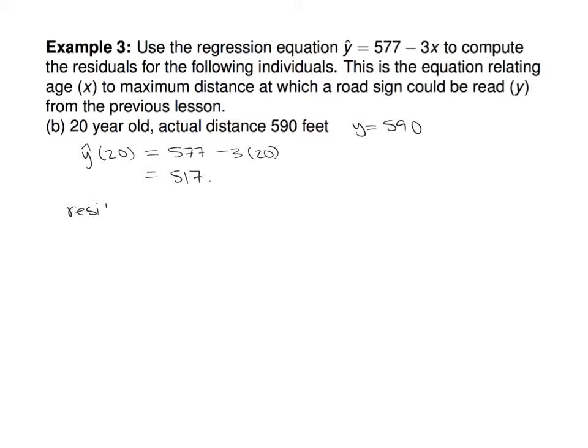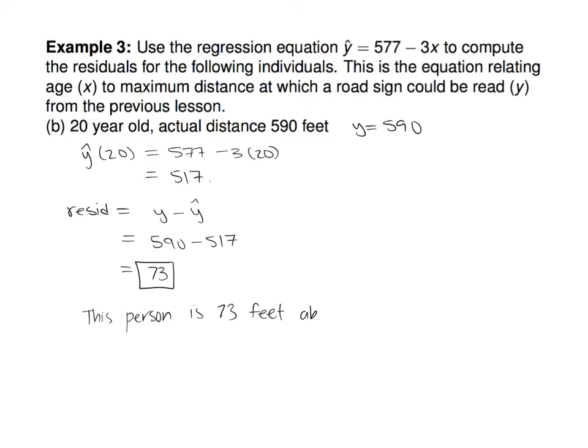So here our residual is y minus y hat, or 590 minus 517, or 73. So this person is 73 feet above the average.